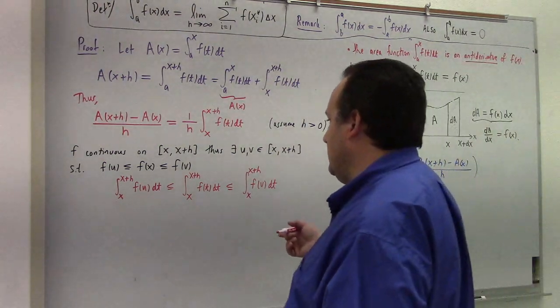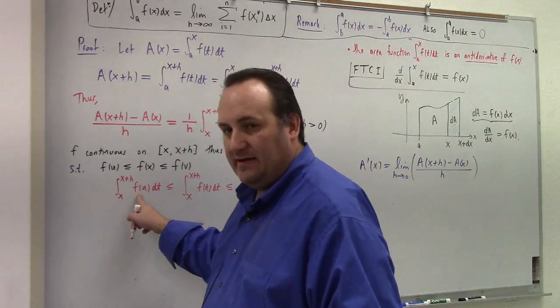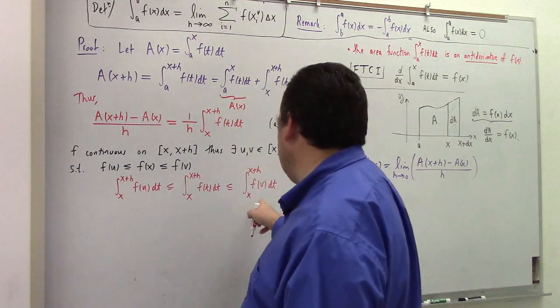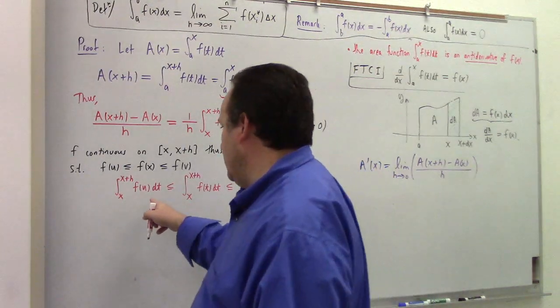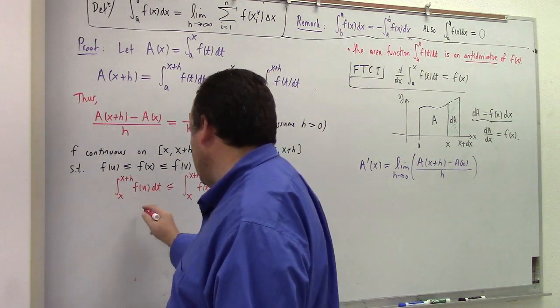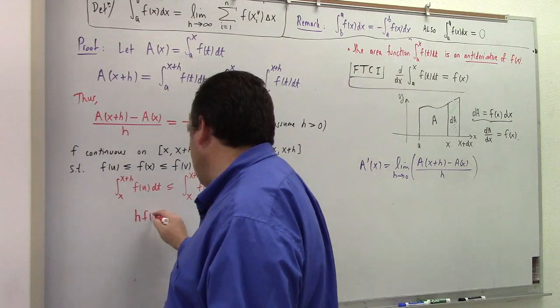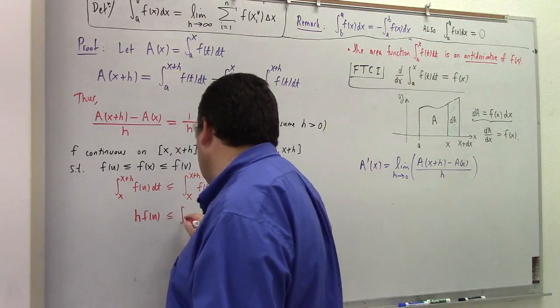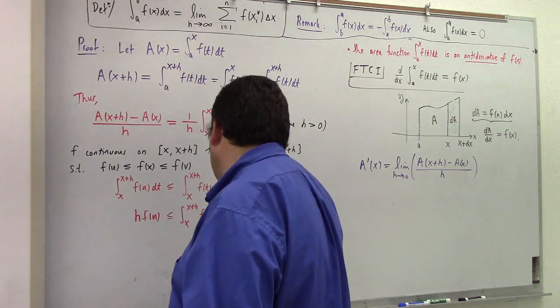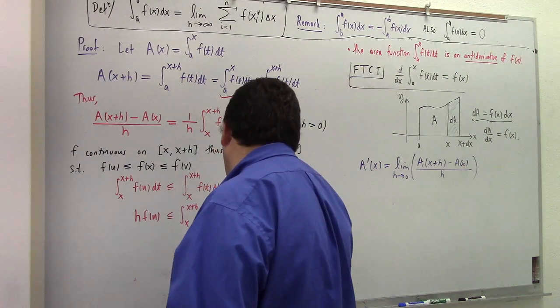So, look, this has no dependence on x, and neither does that. So, this is just like a constant. And what's the length of the integration region? It's h. So this gives us h f of u less than or equal to the integral from x to x plus h of f of t dt, less than or equal to h f of v.